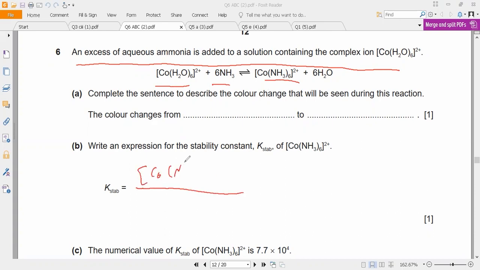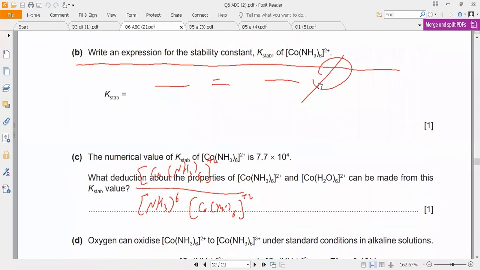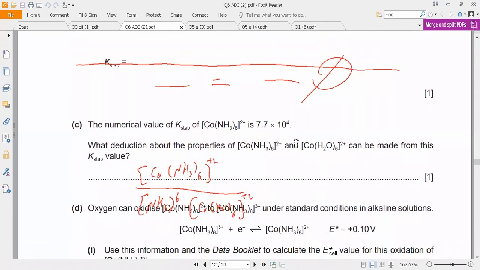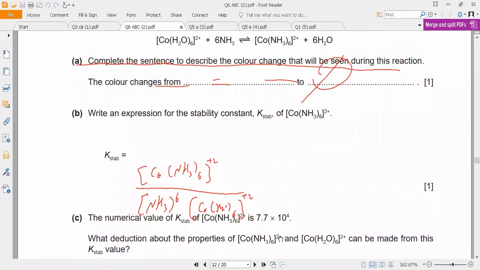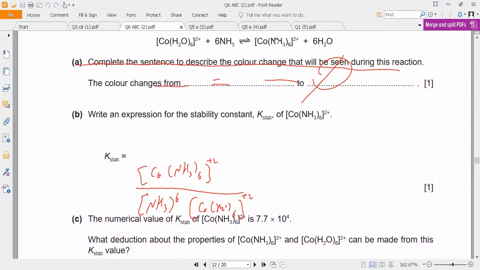So we have [Co(NH3)6]2+ over [Co(H2O)6]2+ times [NH3] to the power of 6, because we have 6 moles. Ignore the water, we don't include it at all.